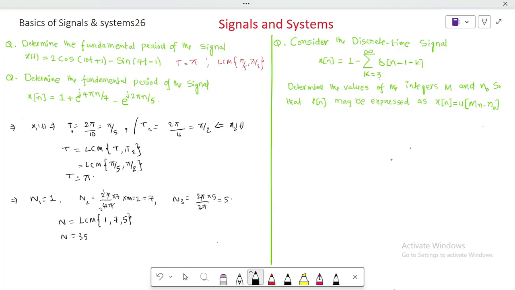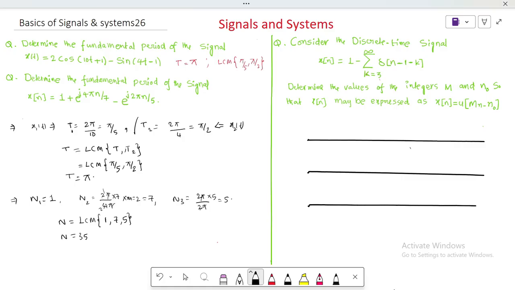First I am going to draw the first signal. Then the second signal, third signal.